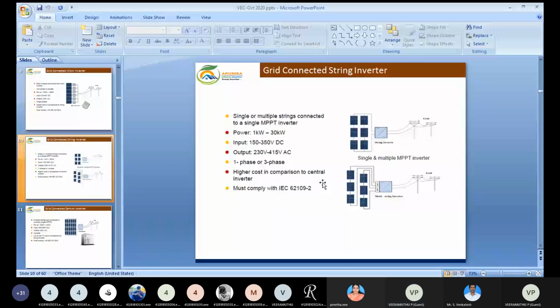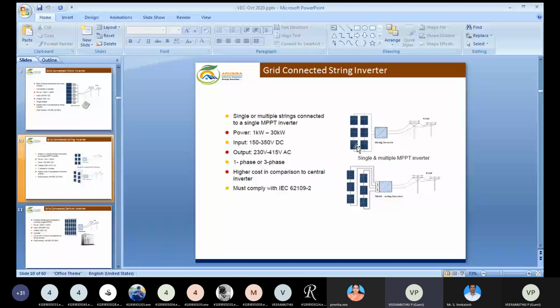In series connections, the voltage will be added and the current will be the same. In parallel connections, the voltage will be the same and the current will increase. Here multiple strings are used. So the single panel voltage will be 30.